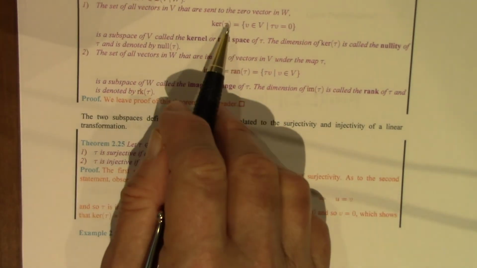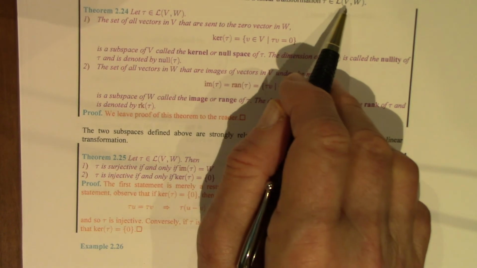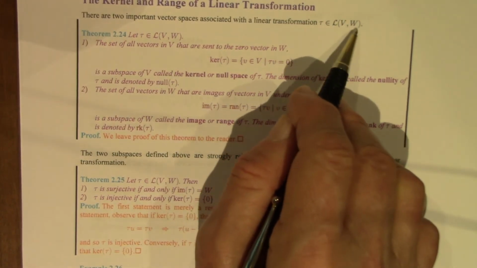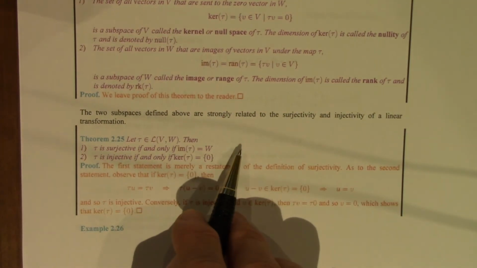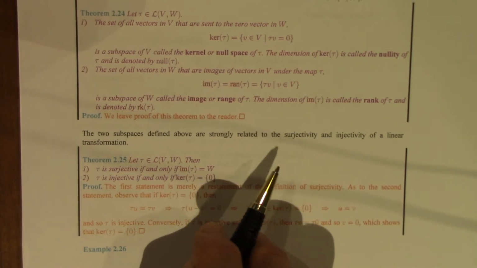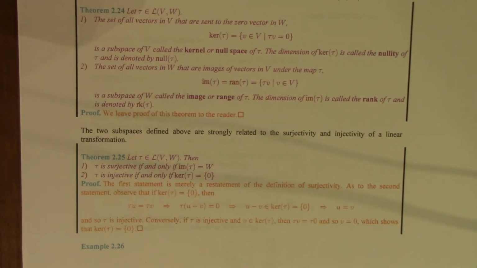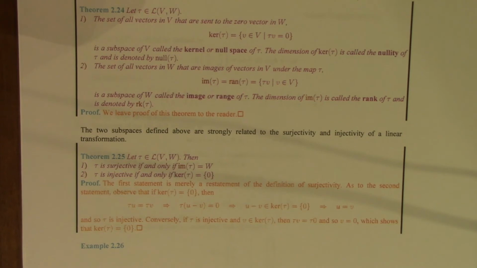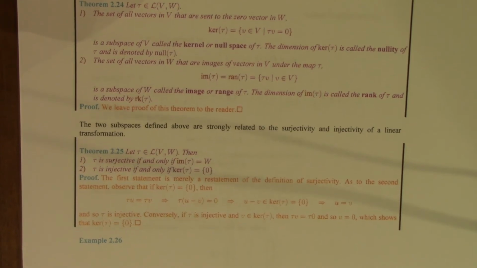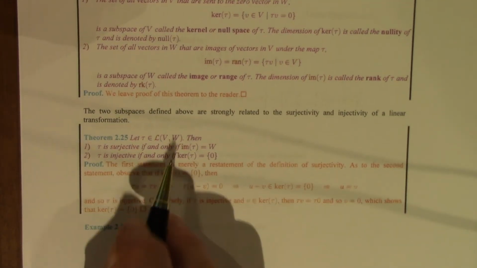These two subspaces, one a subspace of V, the other a subspace of W, are strongly related to the surjectivity and injectivity of a linear transformation. And here's the theorem.